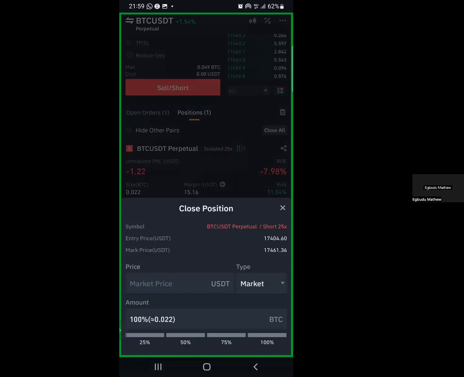Some people have different ways of taking their profit. Once the trade gets to the first take profit, they click on 25% and take 25% profit and allow the trade to run. But some will prefer locking up profit, adjusting your SL to break even, from break even to the latest swing high or swing low for uptrend or downtrend, as the case may be.